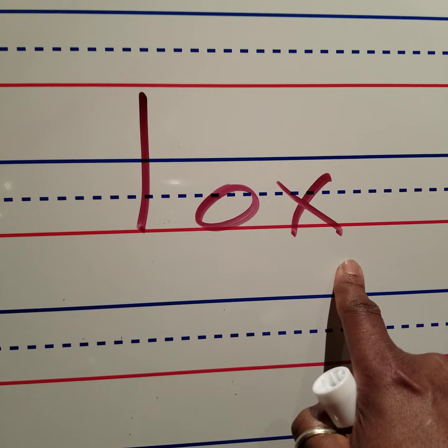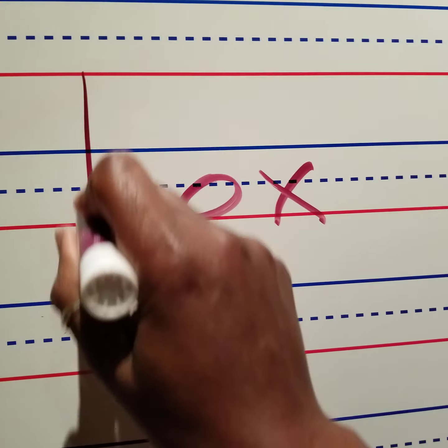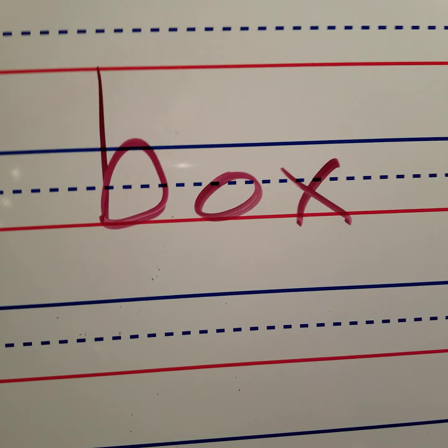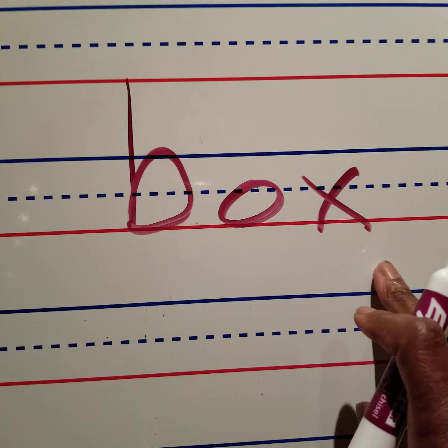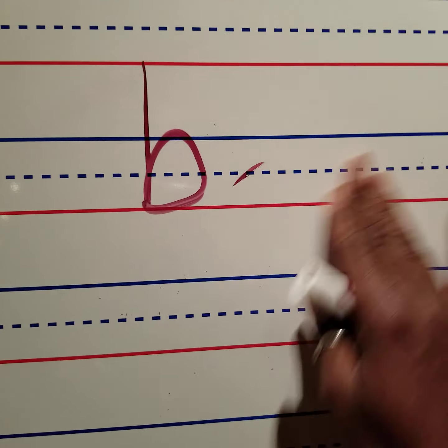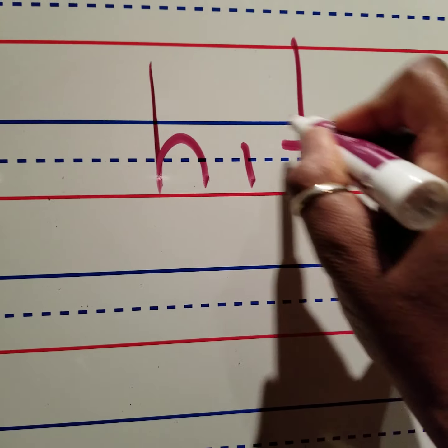If I change my L to a B, I now have box. All right, changing the whole word. We're going to start off with hit.